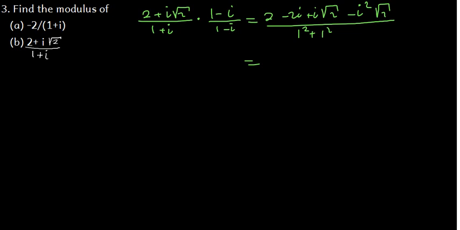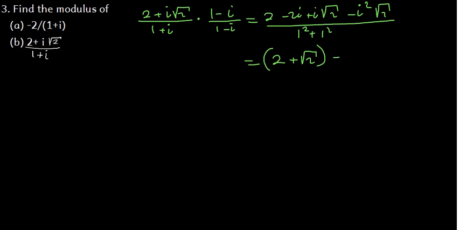Now where there is i squared we can replace it with negative 1, and that will be negative times negative 1, so this portion is going to become positive. And then we have also this one which is positive, so that will be 2. We bring this one also without an i because we've replaced where there was i squared. That will be 2 root 2. This is the real part.